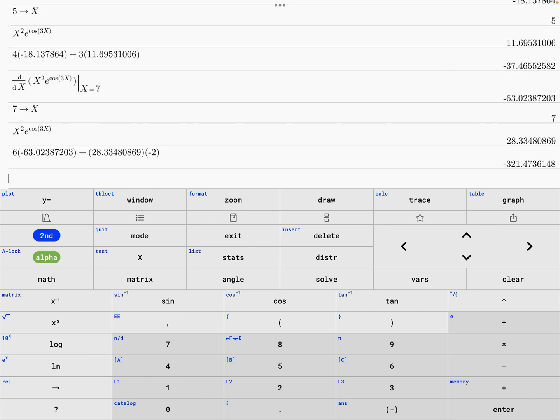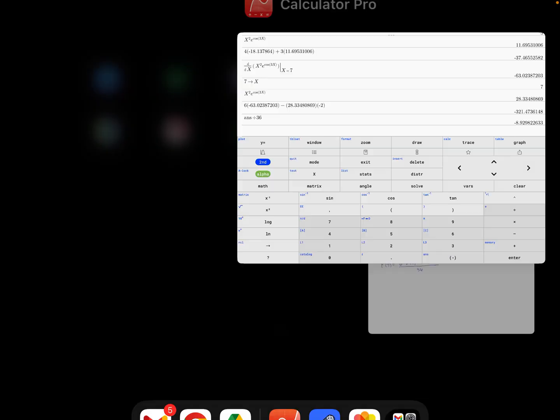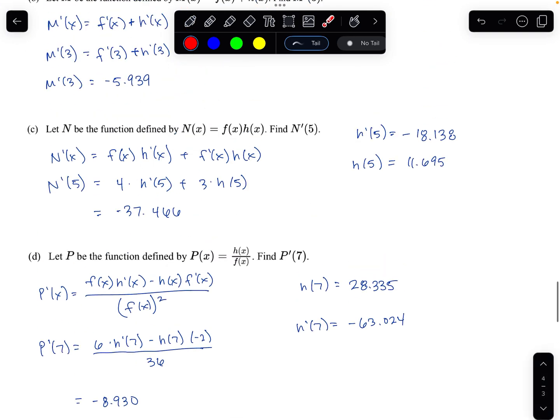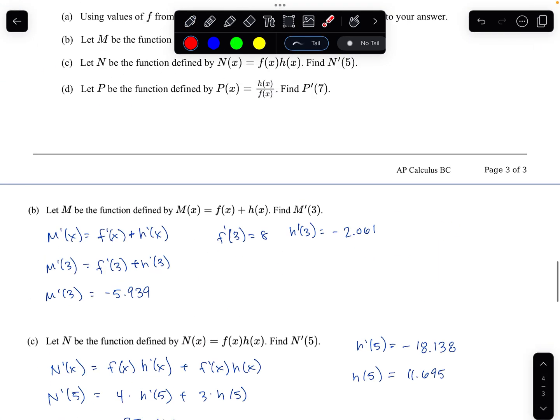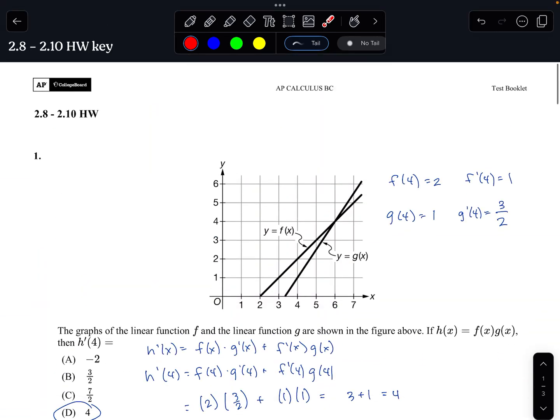That's my numerator, and then I'll just have to divide that by 36, and I get negative 8.930. There you go. So that one's a bit tough, but not too bad. Kind of fun. Okay, and that should be everything for this homework assignment.